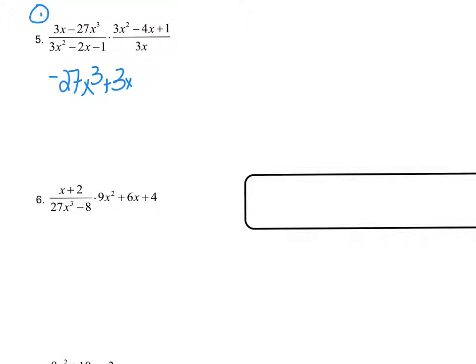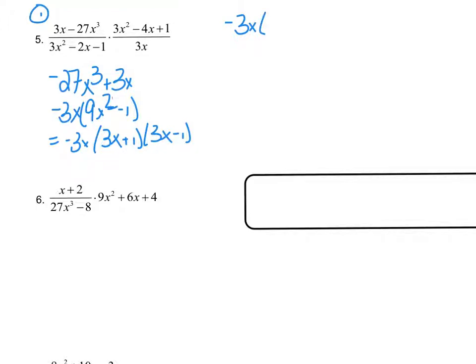Then I'm going to take the GCF out, which is negative 3x. And I'm left with 9x squared minus 1. And then we can actually factor this further to negative 3x times 3x plus 1 times 3x minus 1. So I'm going to go ahead and rewrite that over to the side.